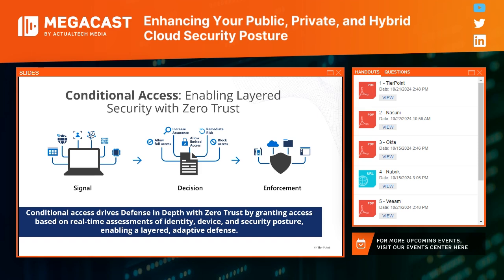Is it laptop, IoT device, server, phone? What is the OS version? Do they have antivirus? What's the patch level? If not up to par, force an action, block access or limit access.